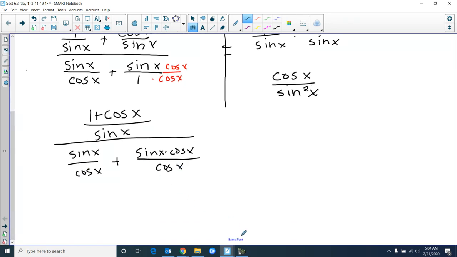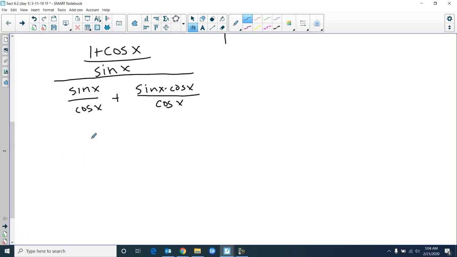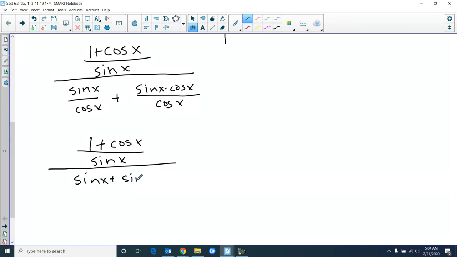Now I've got 1 plus cosine of x over sine of x, all over, and I can write the denominator as sine of x plus sine of x cosine of x, all over cosine of x.